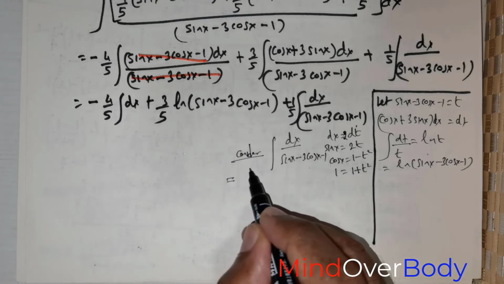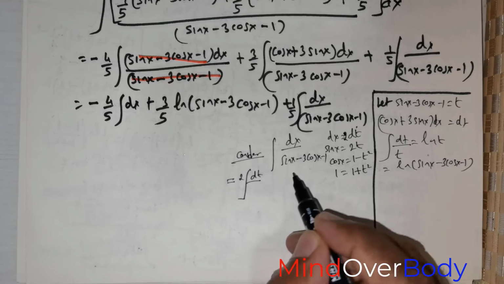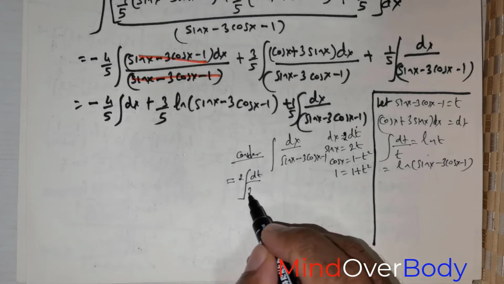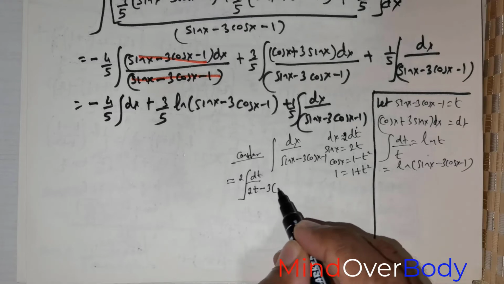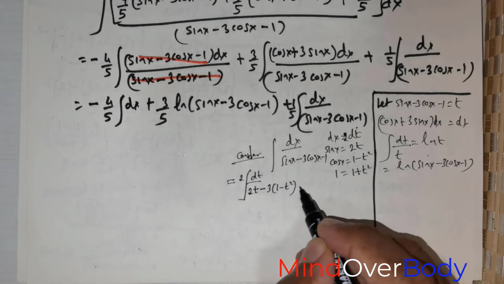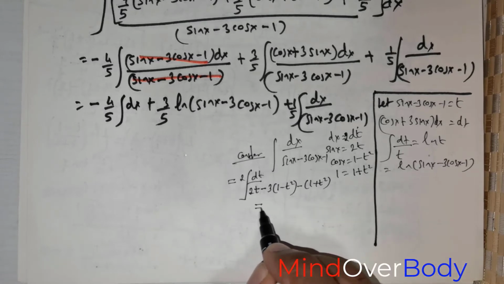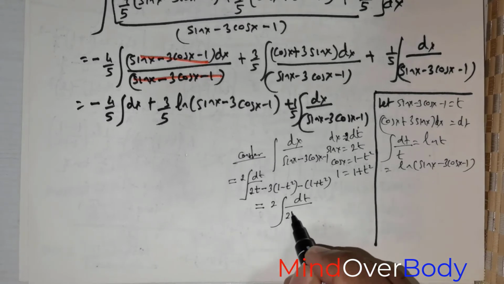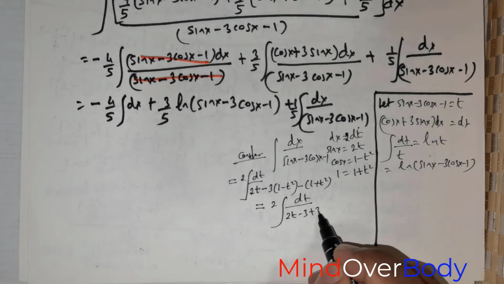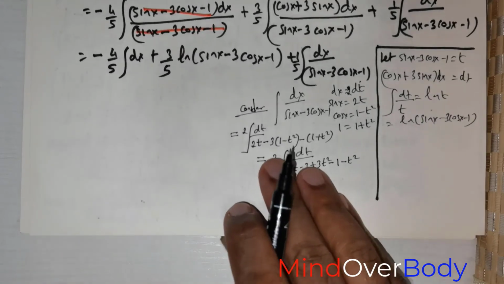So this can be rewritten as, in place of dx it is 2 times dt. In place of sin x it's 2t. In place of cos x it's 1 minus t squared. In place of 1 it's 1 plus t squared. So this is equal to 2 times the integral dt over 2t minus 3 plus 3 times t squared minus 1 minus t squared.